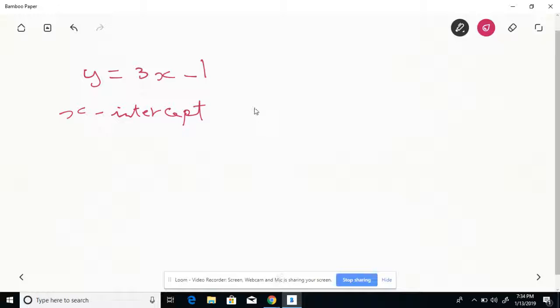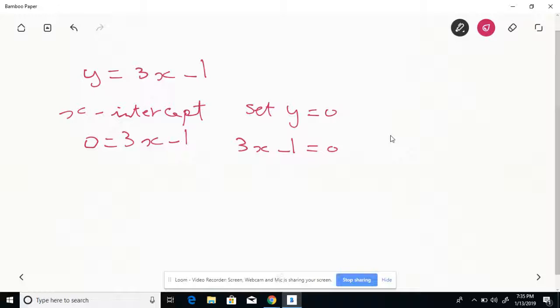We're going to set y equals 0. We place 0 where the y is, so 0 equals 3x minus 1, which is the same thing as 3x minus 1 equals 0.